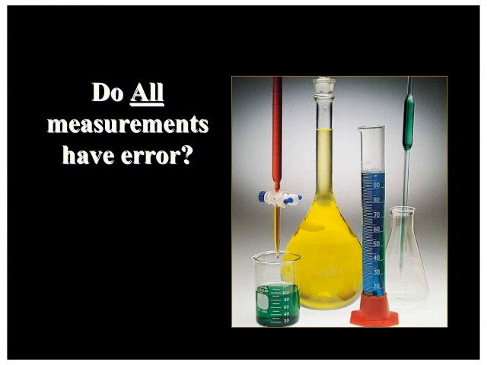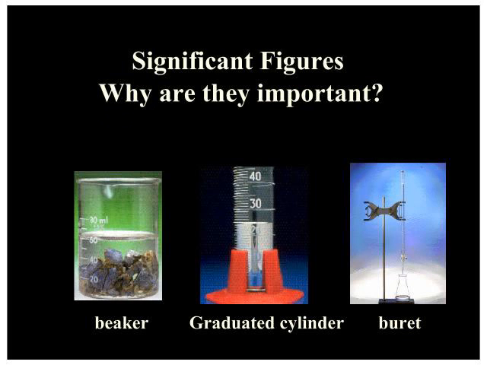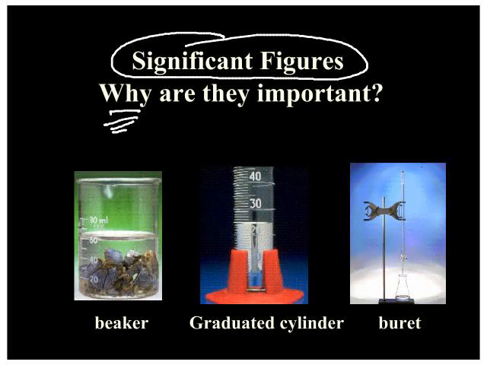The other thing as we move through these chapters, you have to focus on sources of error, especially when you are in lab. What was the cause of your error, and how could you improve on that? When you're talking about error, you're also talking, of course, about significant figures and why they are important.